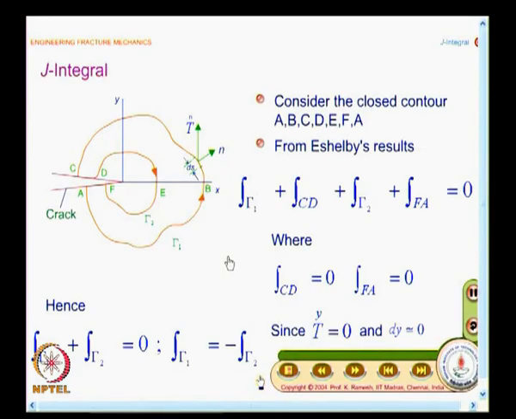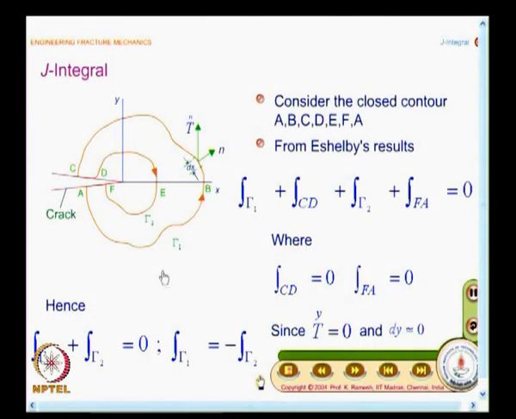We took an arbitrary contour, we have not put any restriction on which path the contour should take. So, this gives a proof that if you take an integral from the crack surface and it ends at the other crack surface, the value of the integral is independent of the path that you take. So, J integral is path independent, it is a very, very important result.